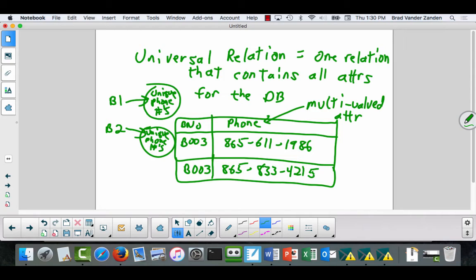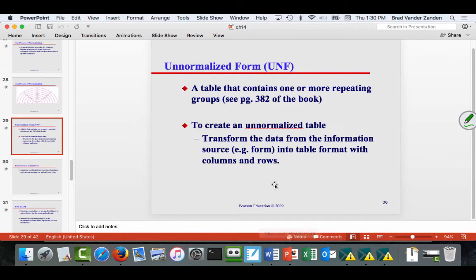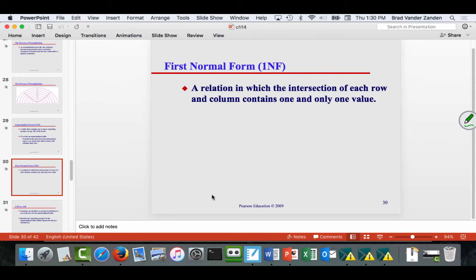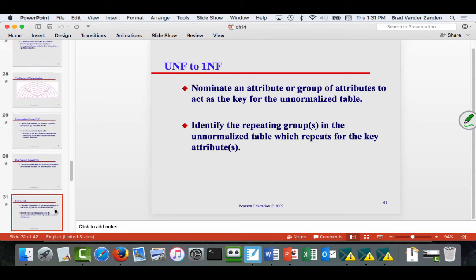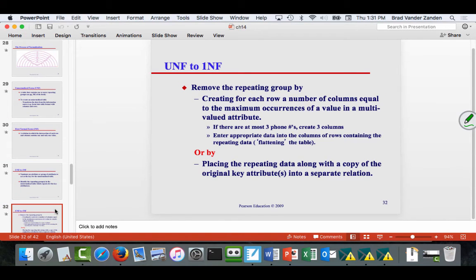Okay, now we can't have that in the relational model. The relational model says we can't have more than one value for an attribute. And so what we need to do in that case is to eliminate any multivalued attribute. And there's two ways to go about that. We can count up the cardinality of the largest set of multivalued attributes.